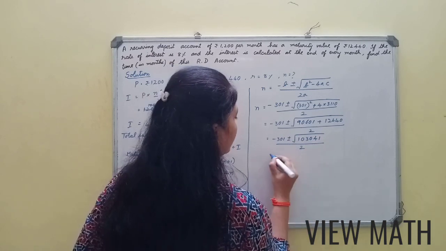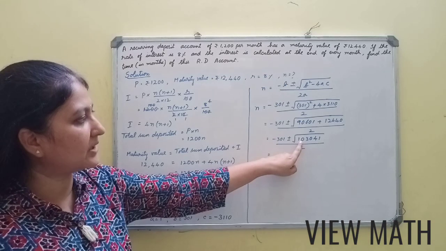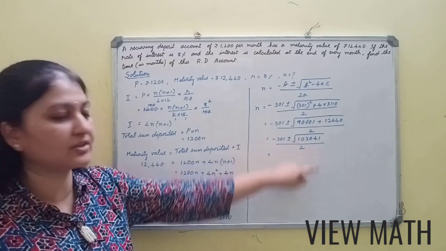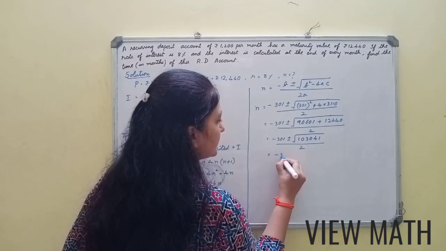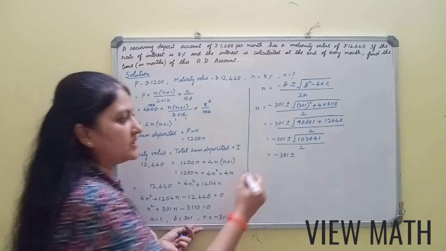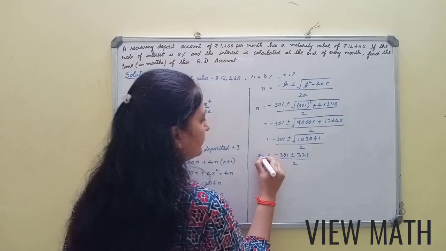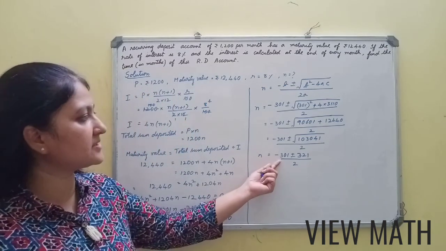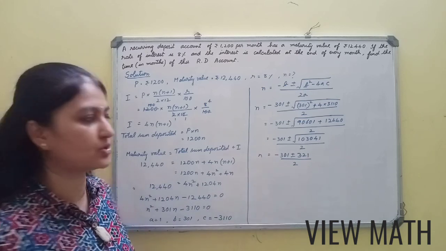Now find out the square root of 1,03,041 using long division method. You will be getting 321. Now here it is minus 301 plus or minus 321 by 2.